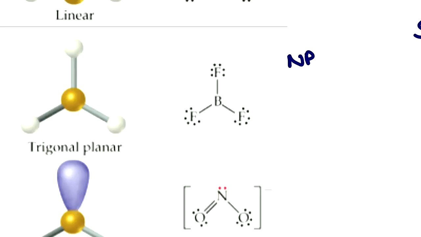Just imagine you have a tire and 3 identical bodybuilders. They all pull on the tire at the same time, and they're all 120 degrees away from one another. Does that tire move at all? No, because their vectors cancel, because they're all 120 degrees around that central atom. So this is a nonpolar molecule.